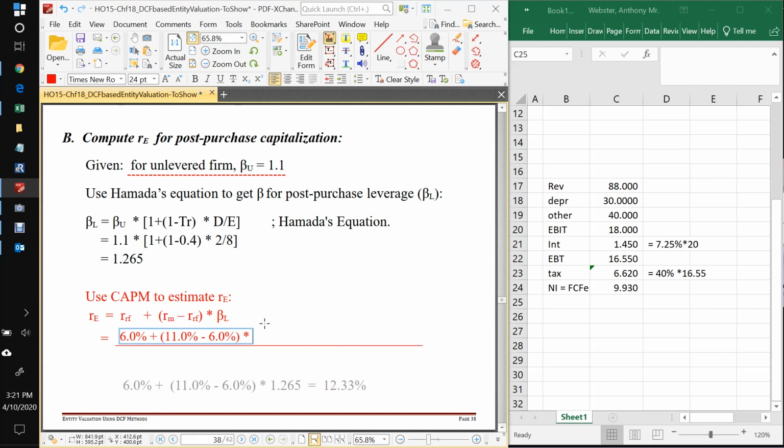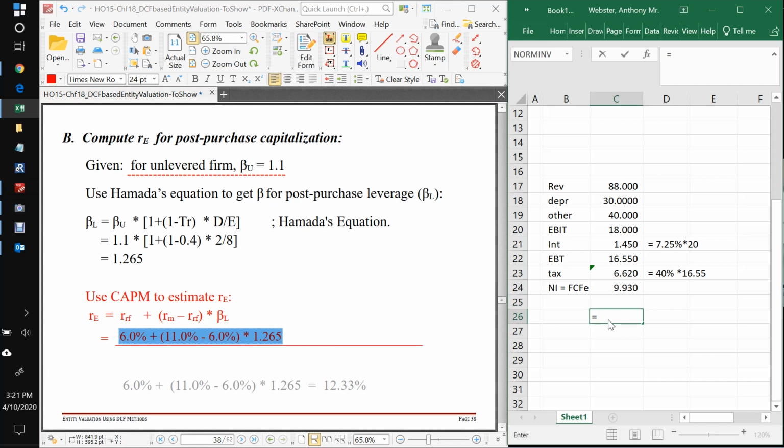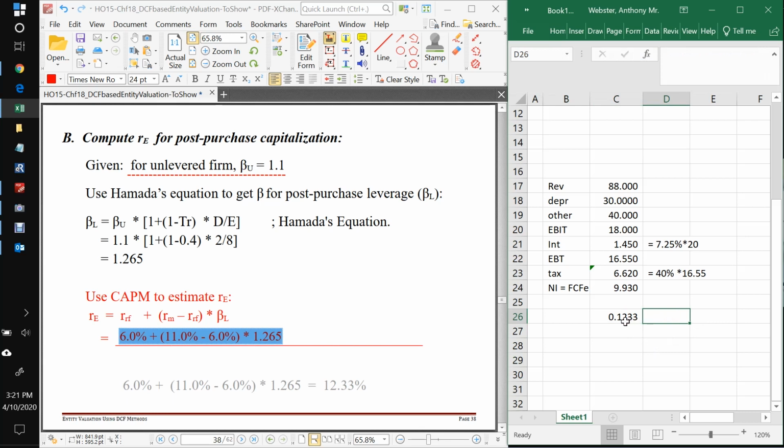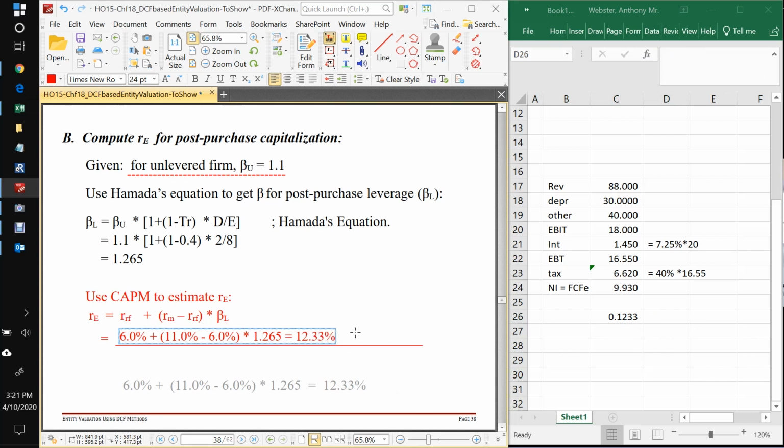And now we need to multiply that by 1.265. Okay, and let's see what we got here. I have 0.123, and let me just get another decimal place on that. So that's a little bit better, 12.33% here. All right, looking good. So that's the discount rate we're going to want to use.